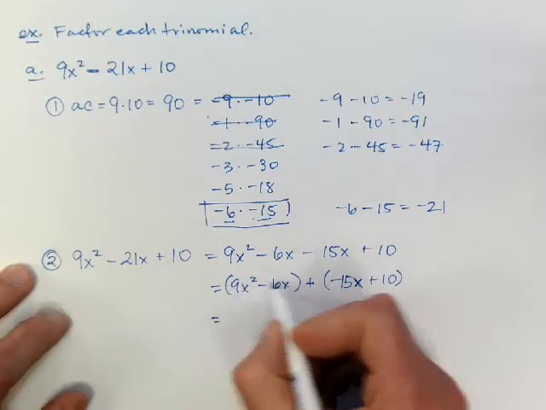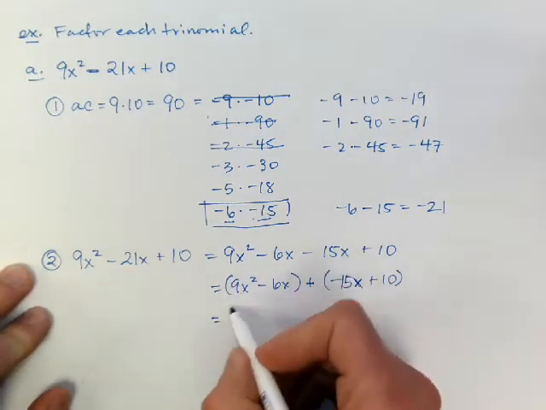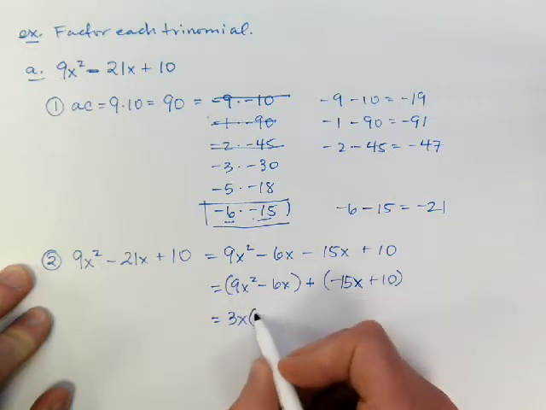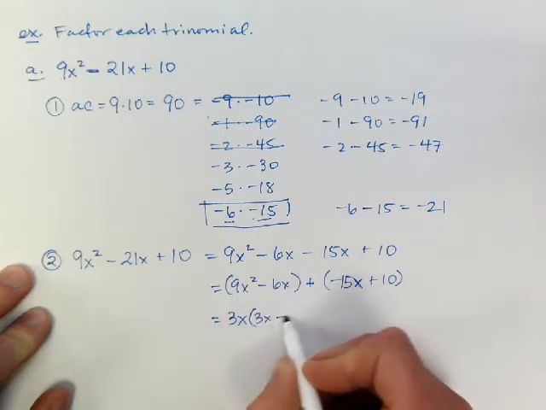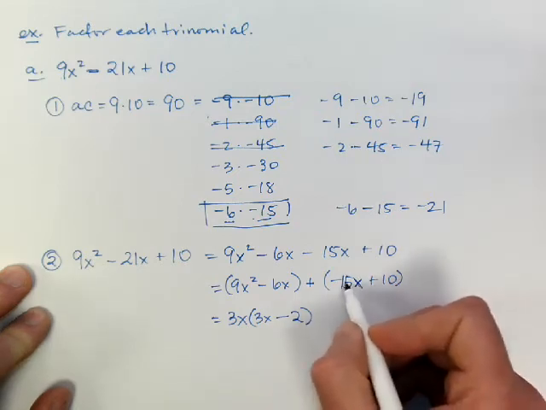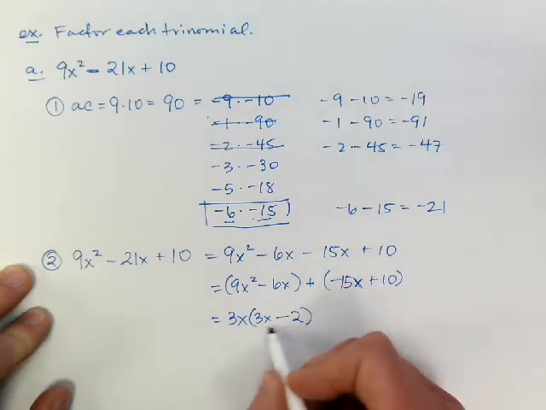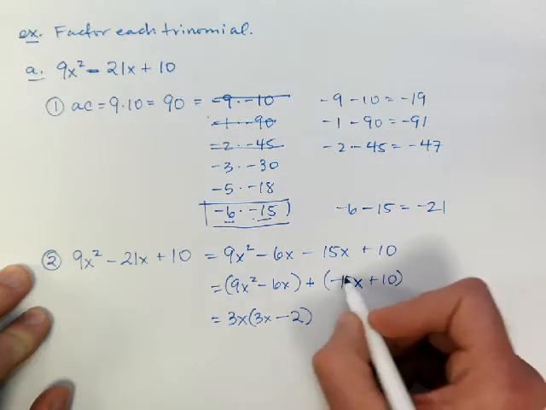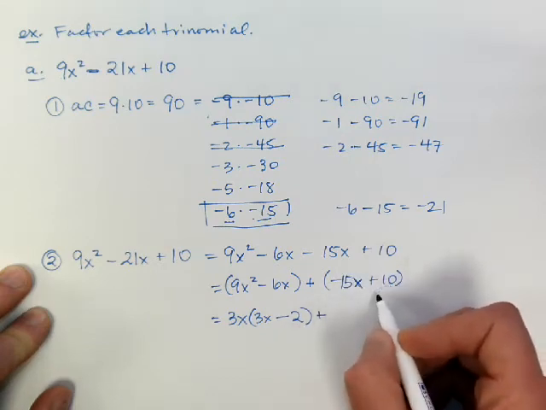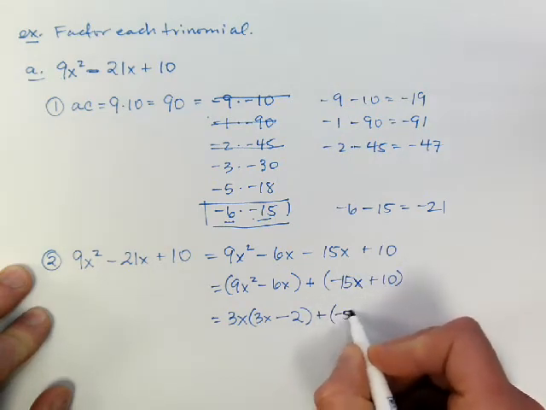All right, so this term will lead us. We can get a 3x out, which leaves behind 3x minus 2. Now we need to factor something out of minus 15x plus 10 to make it match the 3x minus 2. So I'm going to factor out a negative 5.